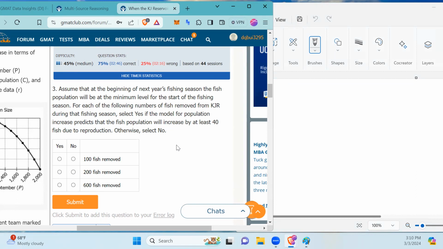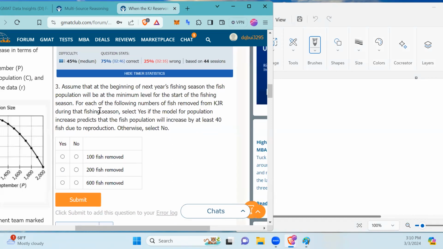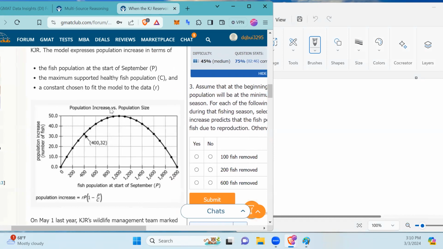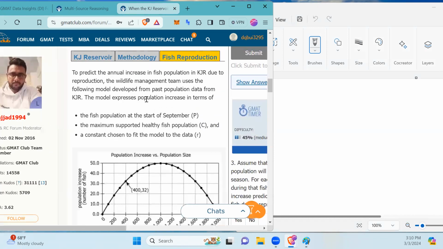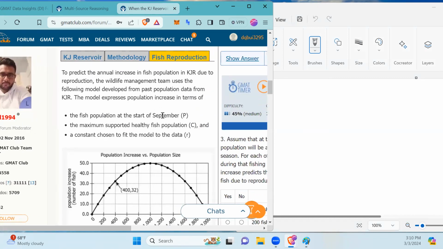For each of the following numbers of fish removed from KGR during that fishing season, select yes if the model predicts that the fish population will increase by at least 40 fish due to reproduction. Otherwise, select no. So here we would look at tab 3, fish reproduction. We will look at the chart in the tab.